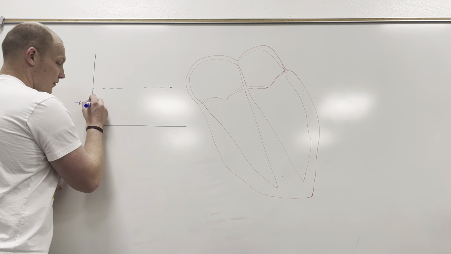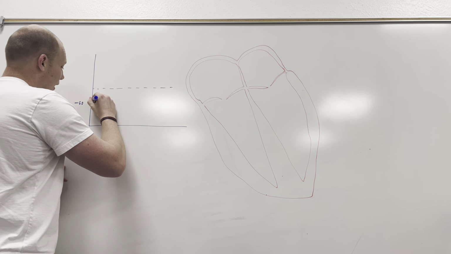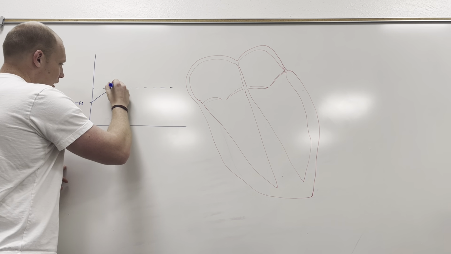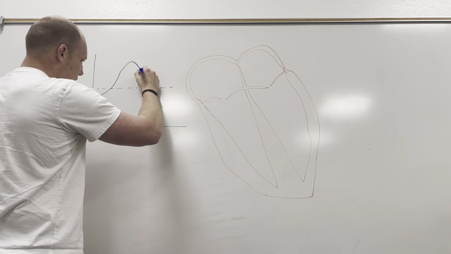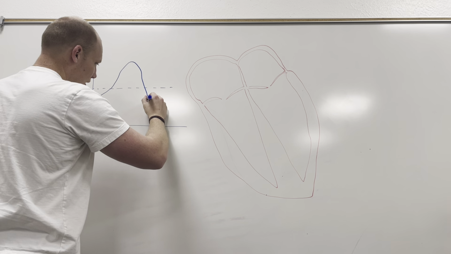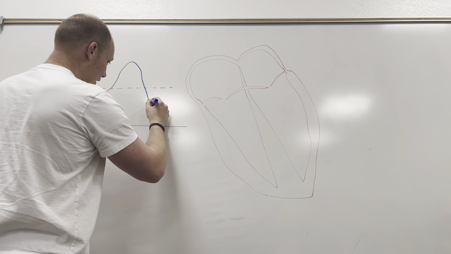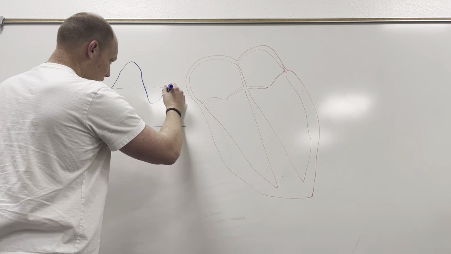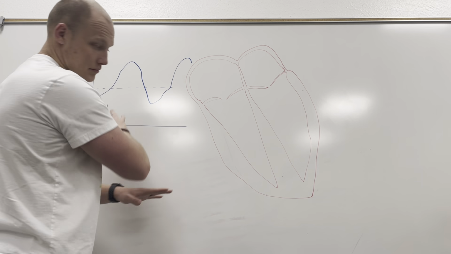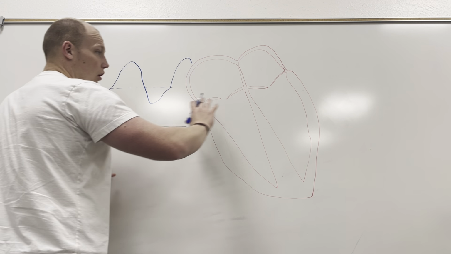So instead of a flat line here, we'll have a line with a slope, and then it'll do an action potential and it'll come back down. And once it hits about -60 again, it'll turn, go up, and then another action potential. So it's kind of like that all the way through.